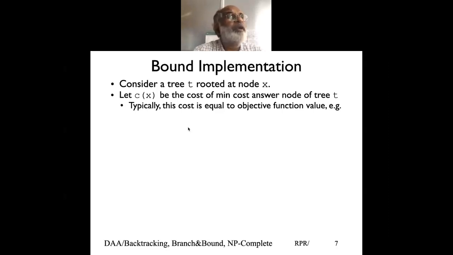Now, how do I find this cost? Generally, because we're trying to find some optimization or objective function, like min cost tour in TSP, or in job assignment the minimum cost of all the jobs, we typically set Cx equal to the objective function, and that is what we want to use as a bound.